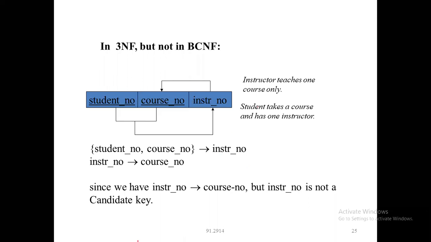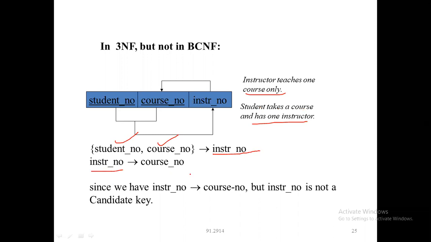The instructor, that is the faculty, teaches one course only. Students take the course and have only one instructor. If you see here, student number is there, course number is there, instructor number is there, and the instructor number has a course number. The faculty teaches, so I am teaching RDBMS.